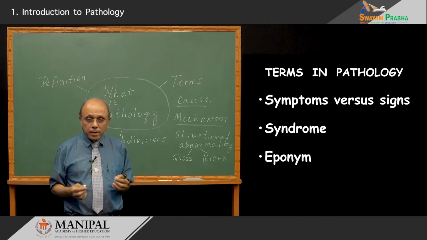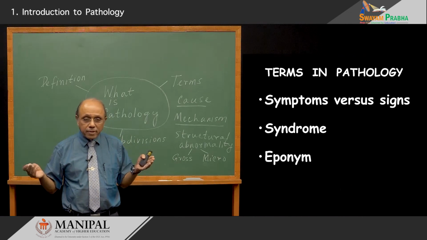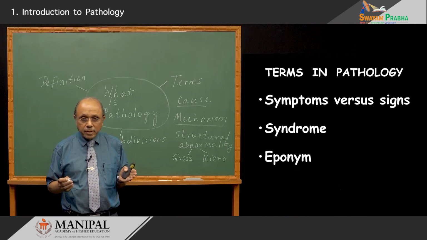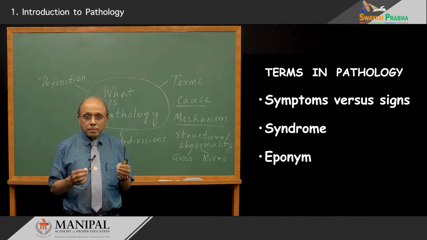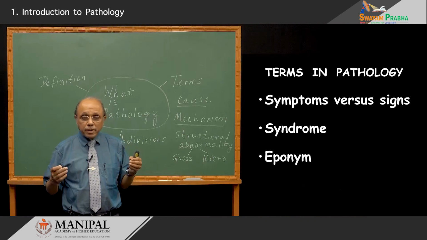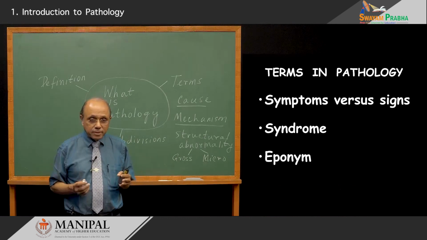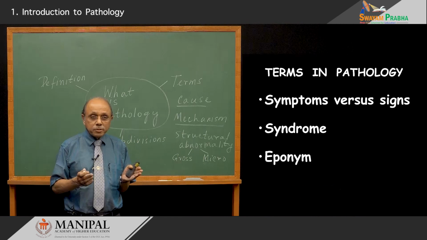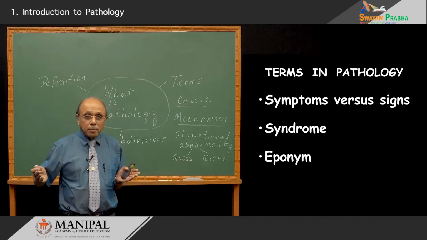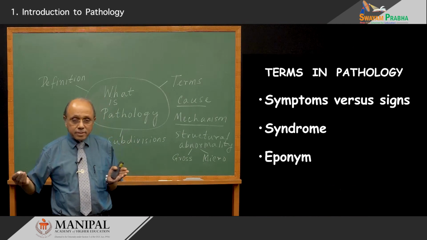Suppose you were to say the patient is having leprosy. In the presence of the patient, they will probably feel terrified. Instead of that, when you are talking amongst yourselves as professionals, it is better to say this patient probably has Hansen's disease.